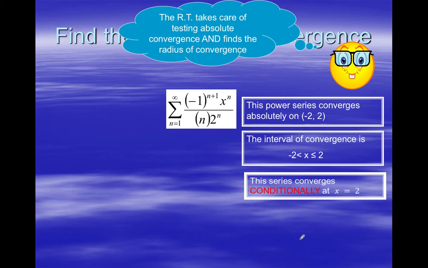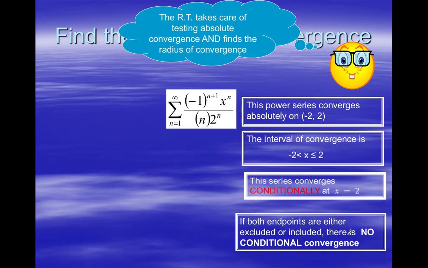So I say the series converges conditionally at x equals 2. Why conditionally? Because the only way I got the convergent series was because the signs alternated.